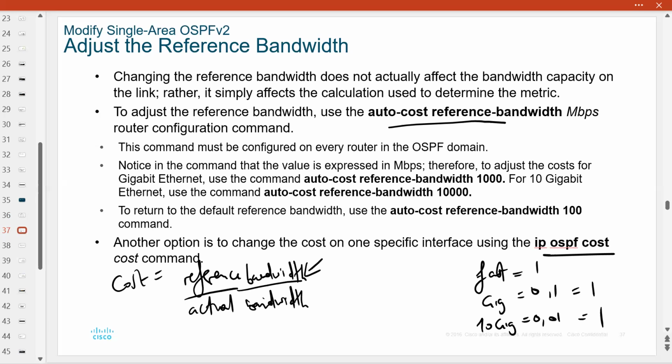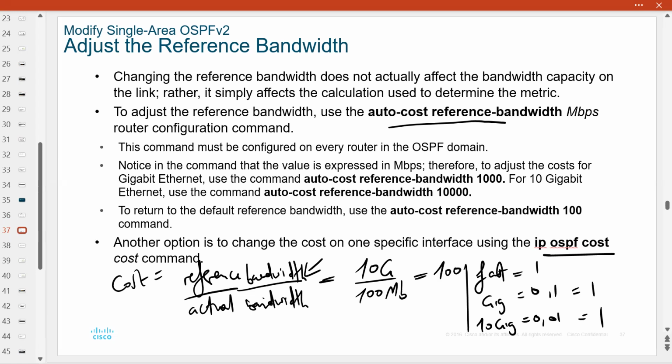If we change the reference to 10 Gig, what will be the cost for Fast? In this case, we now have 10 Gig over 100 megabits. So for Fast, it will become 10. Is it 10? Let me see, 10,000 over 100. No, for Fast, it becomes 100.